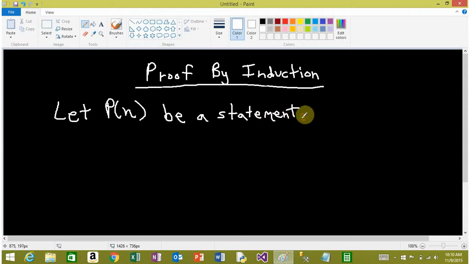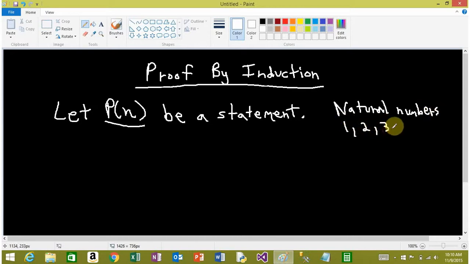P of n is a statement that involves the natural numbers. So we're basically using the natural numbers as our set, considering all the numbers like 1, 2, 3, and so forth.